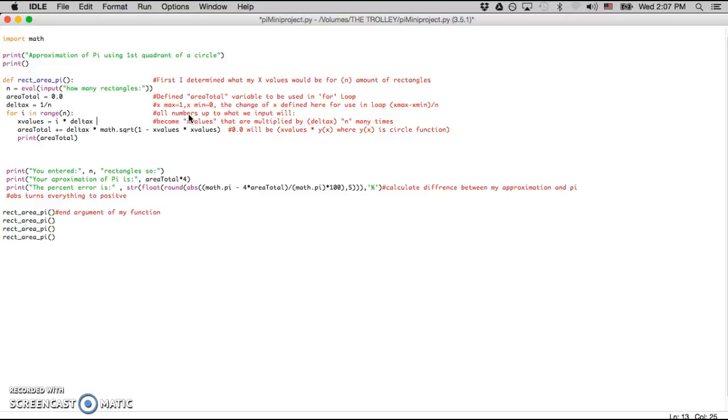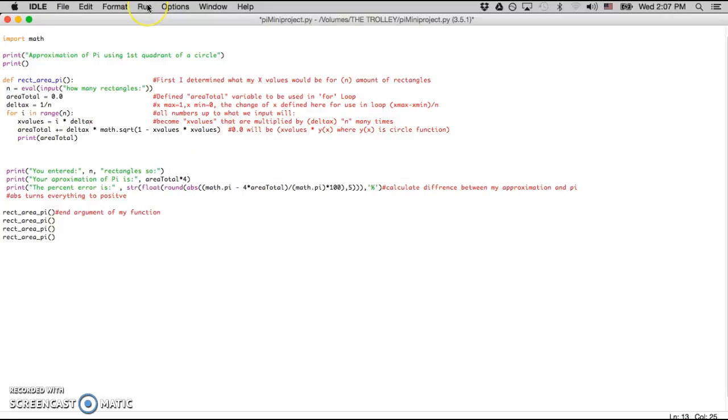Area total will be the x values times y of x, where y of x is what we called the circle function in class. And this plus equals operator is keeping the previous and adding new values.